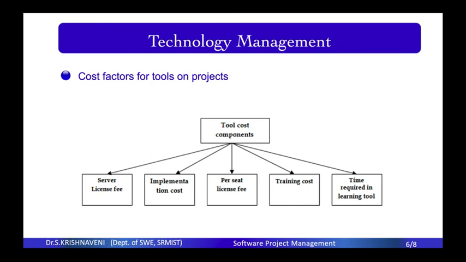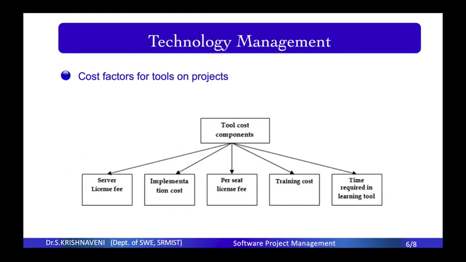Next one is per seat license fees. When a vendor licenses tools, they will charge a per seat license fee. If the per seat license fee is high, it will be very costly to use this tool. So the project managers should find an alternative with a lesser per seat license.